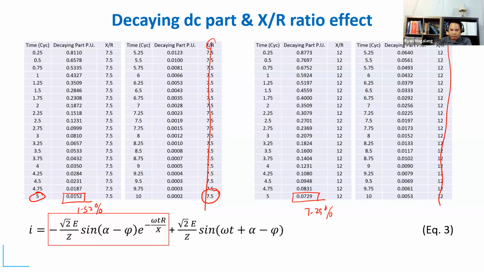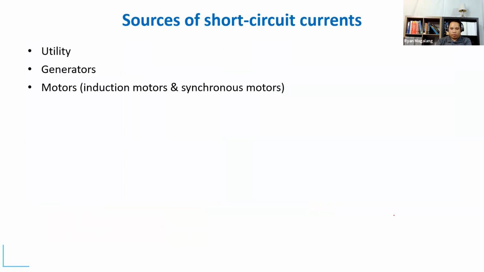So you can see immediately that there's a huge difference. As your XR value tends to be higher, it takes a lot longer for the DC part to decay, to eventually be gone.